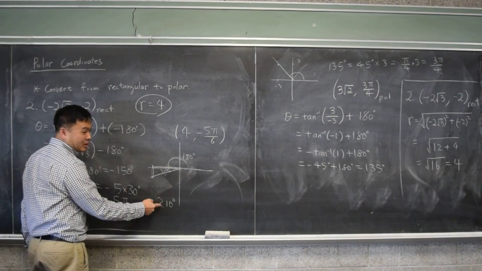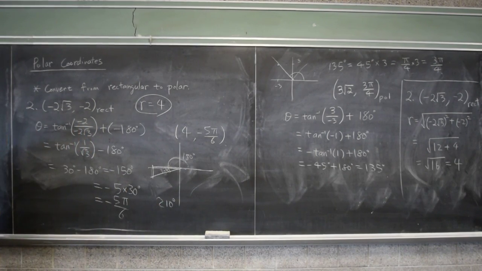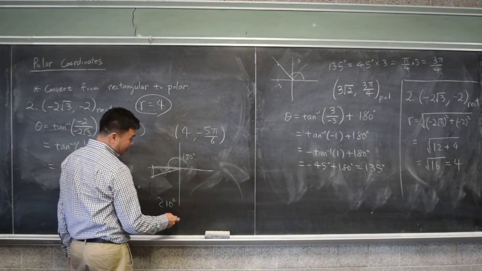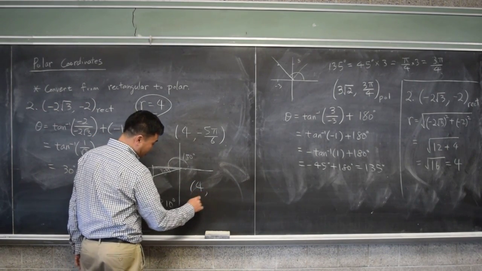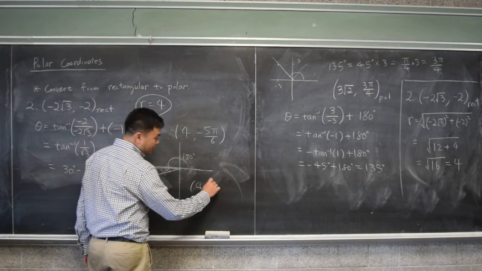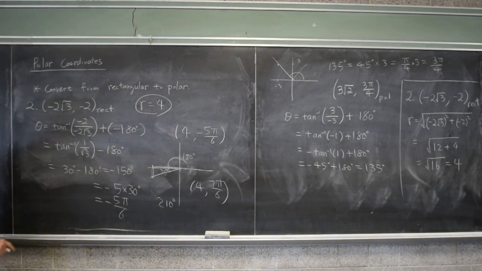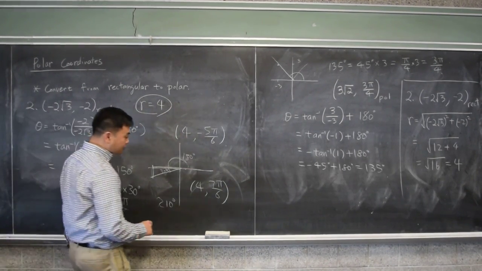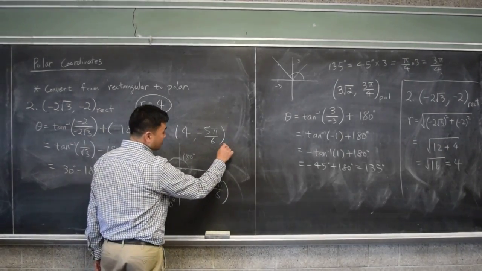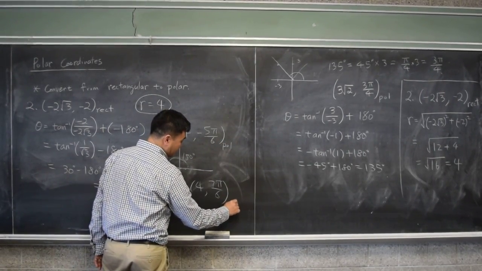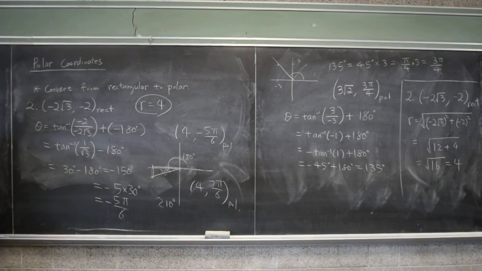These two are coterminal angles, right? So if you view it like this, then the answer will be 4 comma, this is 7 times 30 degrees, so it's 7 pi over 6. And either one will be considered correct. Okay, so that's how you convert rectangular coordinates into polar.